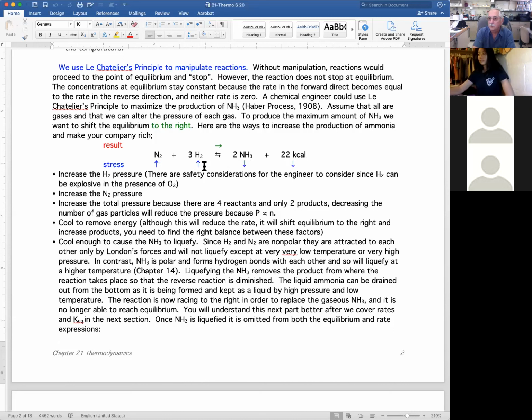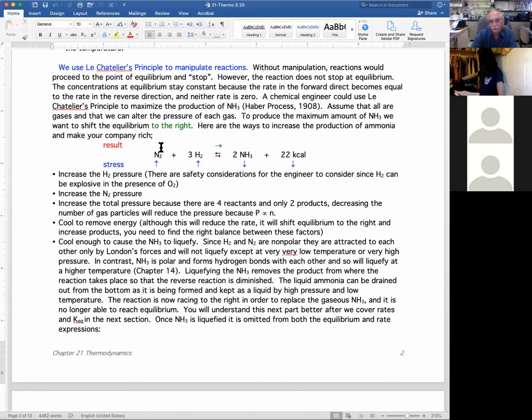Well, you'd increase it, right? But you also have to be careful because if you ever had a breach in the container, then nitrogen would react with oxygen. Now you have an explosive situation. And if you're the chemical engineer and you blow up the chemical plant, then you're probably not going to get that raise you were hoping for.